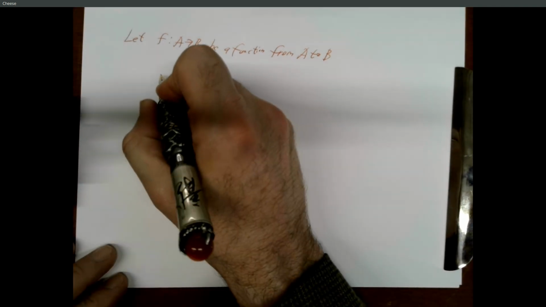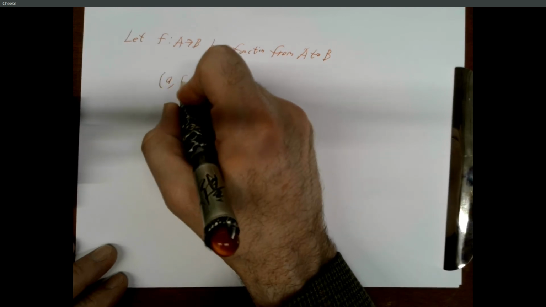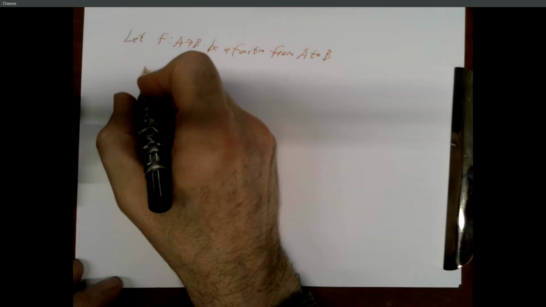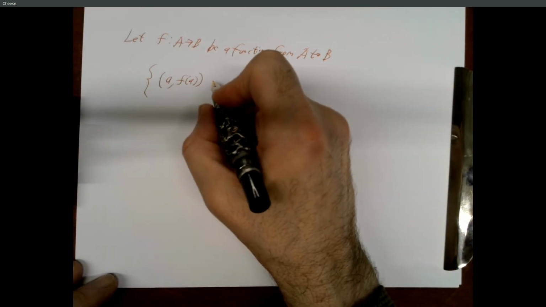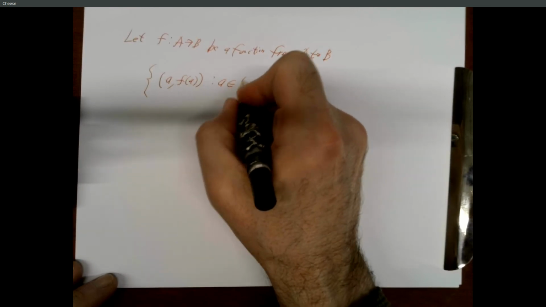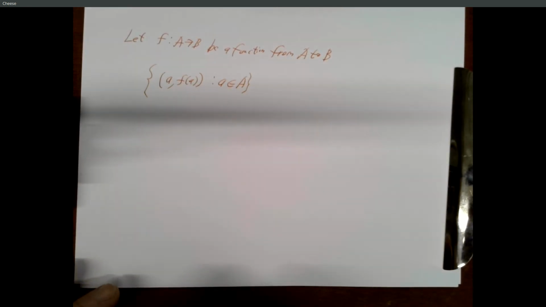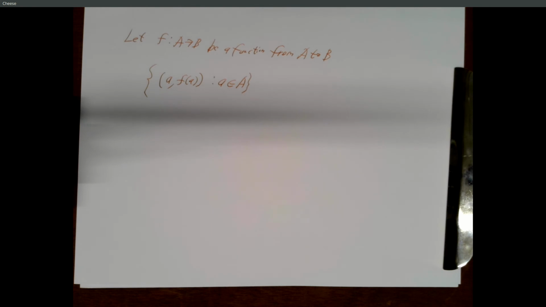So if we take a comma f of a, that ordered pair tells us the value of our function at the point a. And if we make a collection of all of these tuples, that's a single set that completely defines the function f.